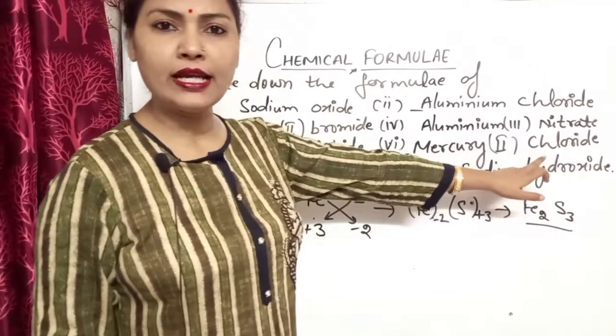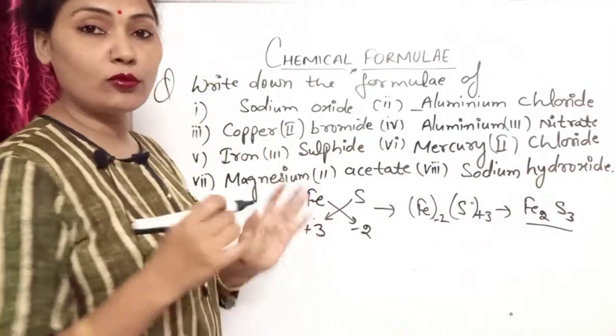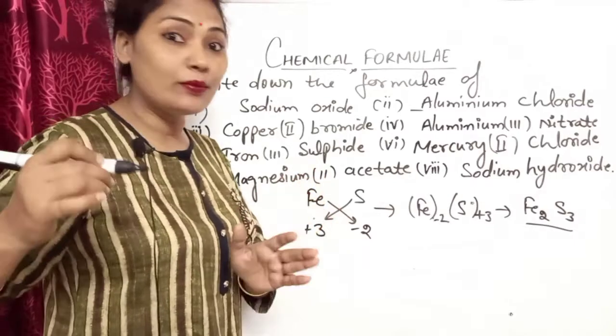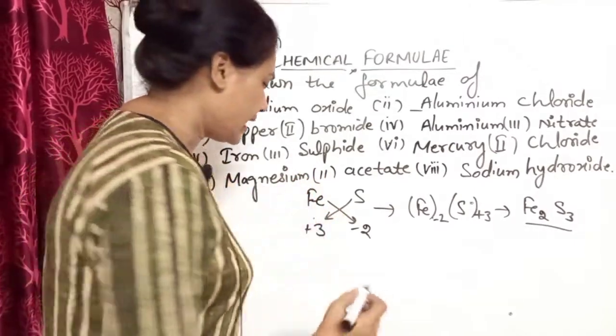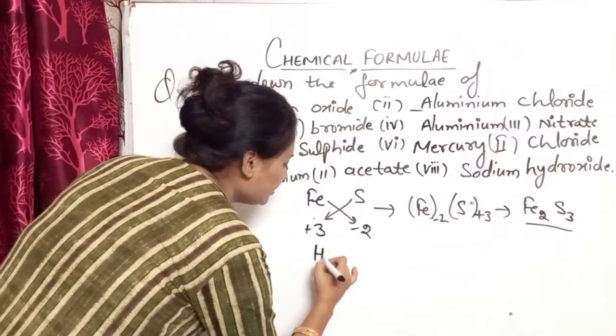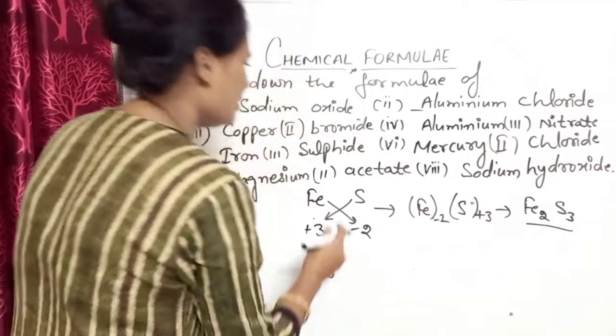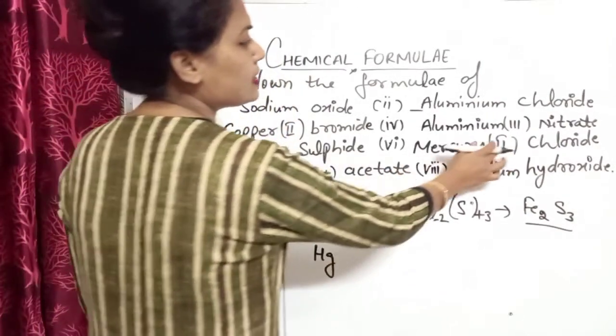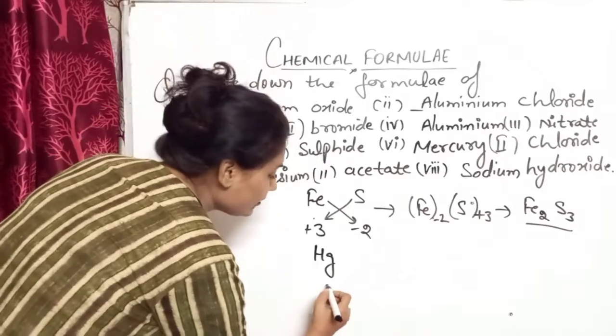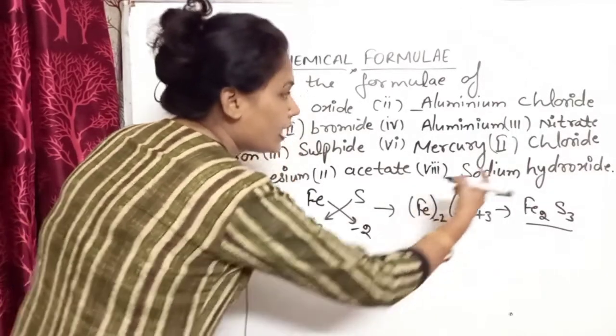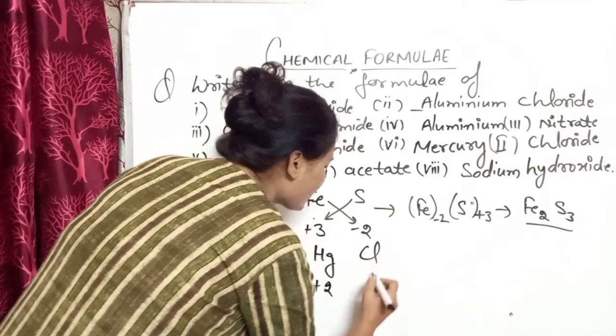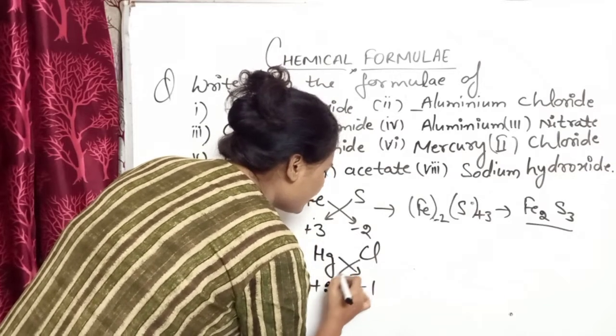Now next is mercury(II) chloride. You know the symbol of mercury is Hg, and Hg has +2 valency. Chloride means chlorine, -1 valency. Cross over the valency.